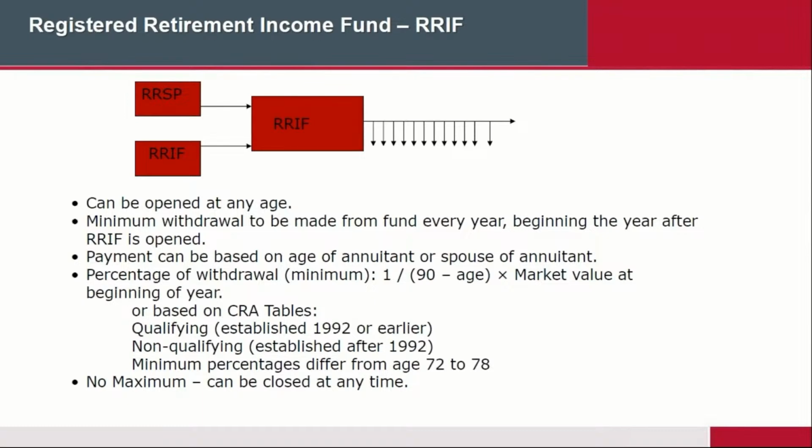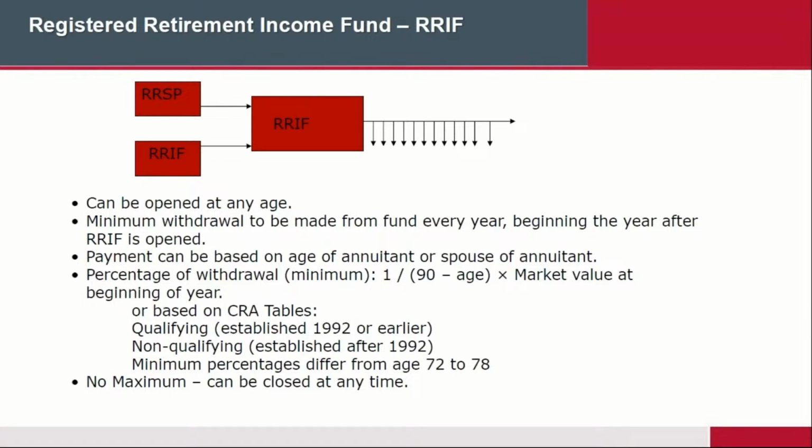So how they come up with this formula, that 5.28, basically, the percentage of withdrawal, the minimum, is basically 1 divided by 90 minus the age, times the market value. So, for example, if you were 70 years old, between 70 and 90, that's 20 years, right? So you must take out 1/20th. Okay, so 20 into 100 is 5%. You must take out 5% of the market value.